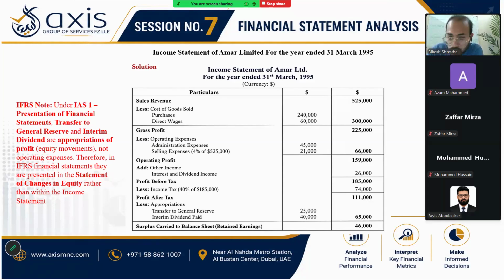So this is the income statement as per the accounting policies and procedures, but as per IFRS, this should not form part of the income statement. The transfer to general reserve and interim dividend should be part of the statement of changes in equity. Guys, are you learning something? Yes. Are you understanding? I just forgot to make the total. I was correct actually. 46,000. Okay.